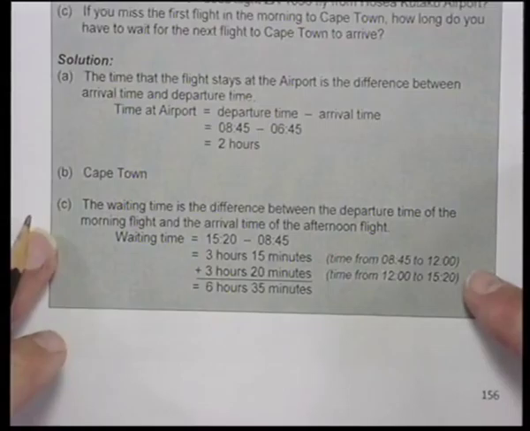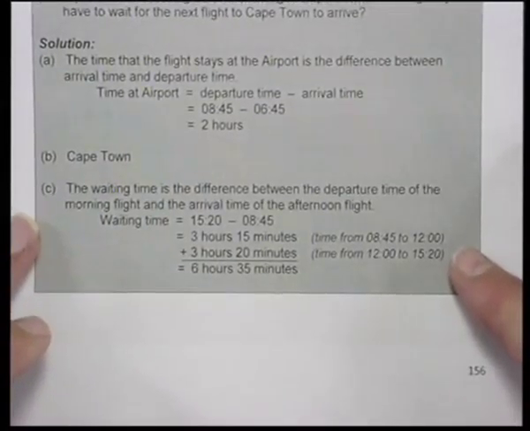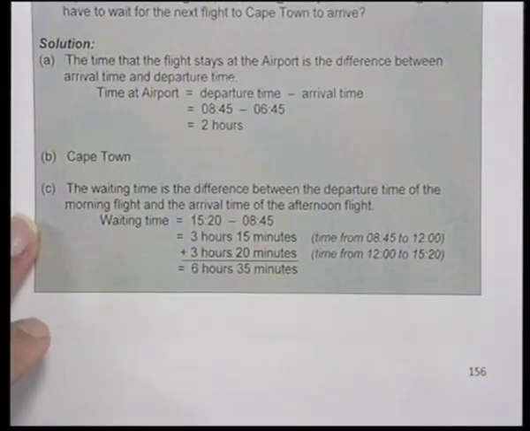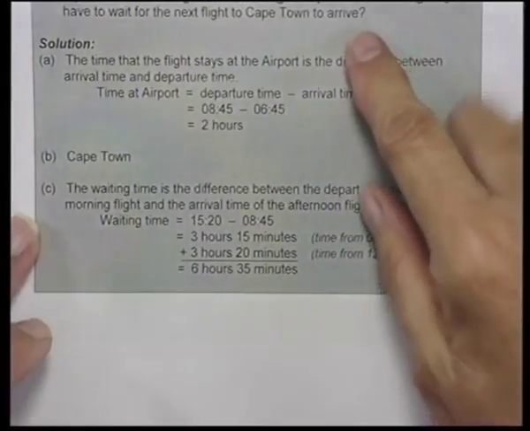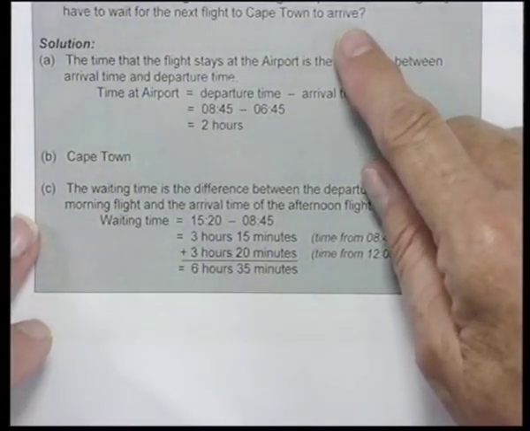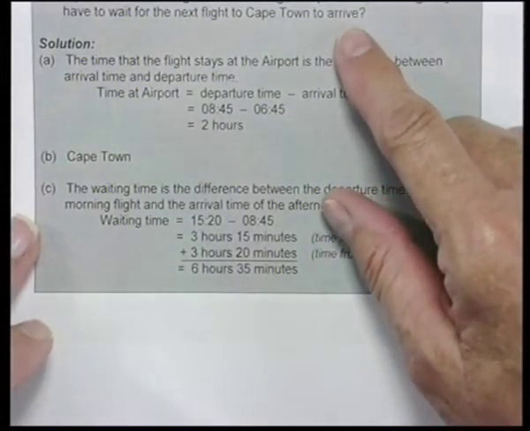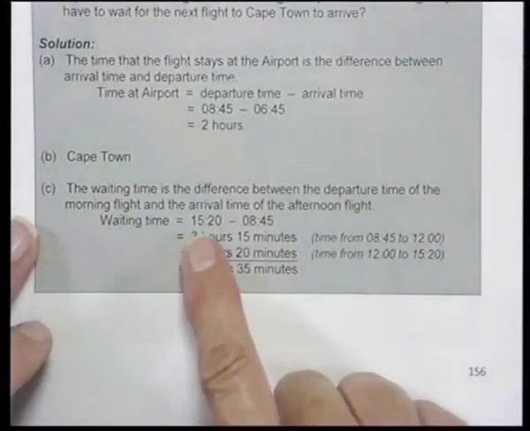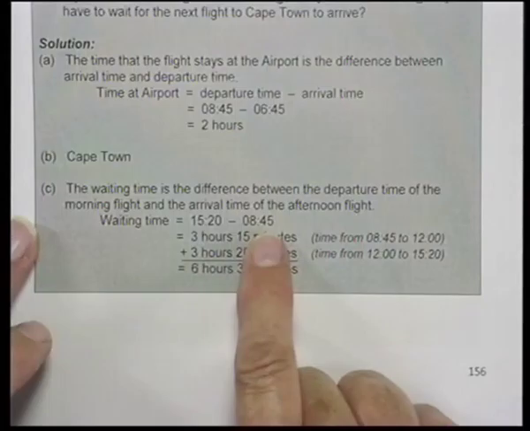Number C, if you miss the first flight in the morning to Cape Town, how long do you have to wait for the next flight to Cape Town to arrive? So you have to look at the arrival times of these flights. So 15:20 minus 8:45.